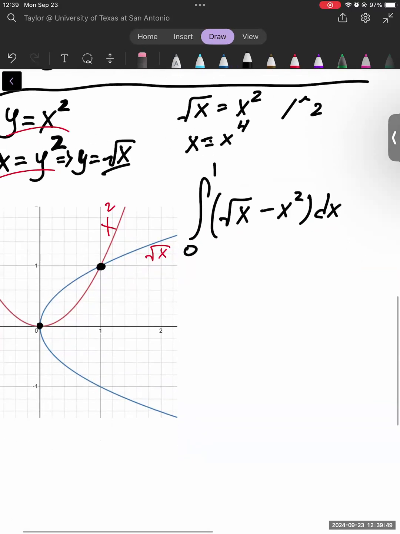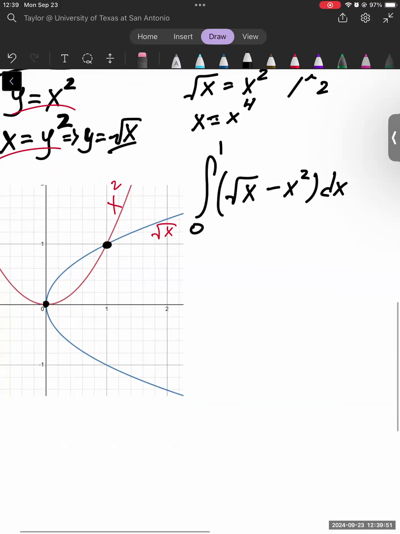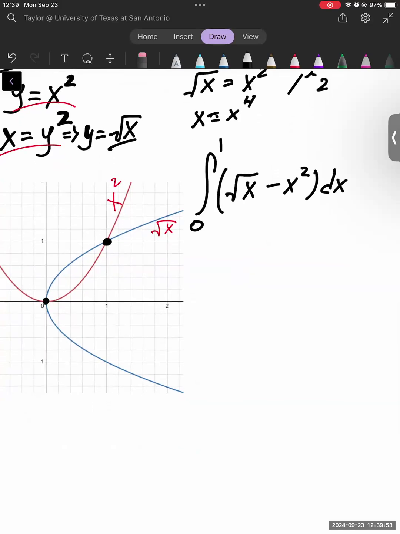And then now we've just got to evaluate our integral. So integral from 0 to 1 of x to the 1/2 minus, and then I'm not too sure, depending on how y'all's professors teach them, I like to distribute my integral across, or would y'all rather just keep this as one integral?